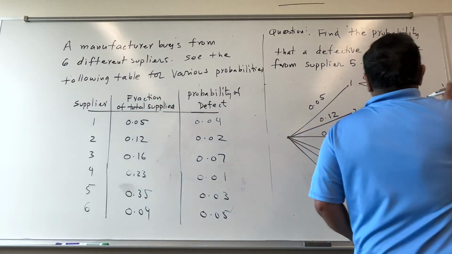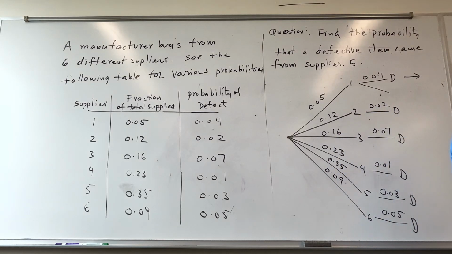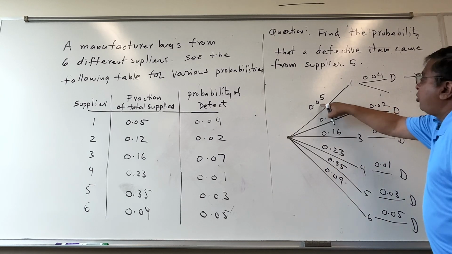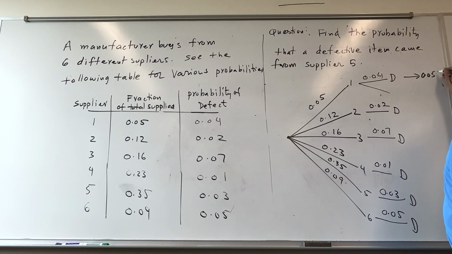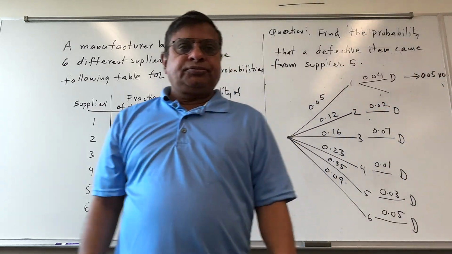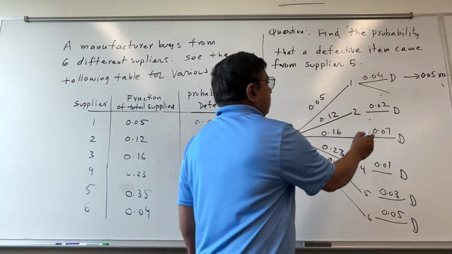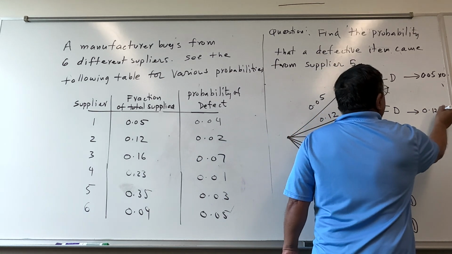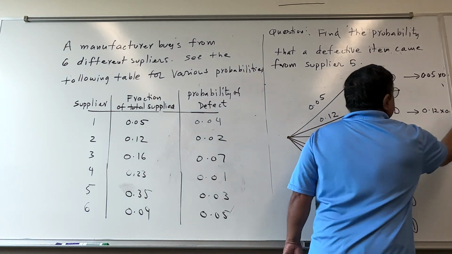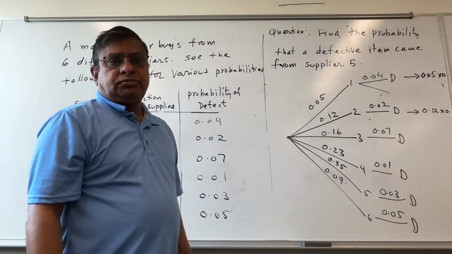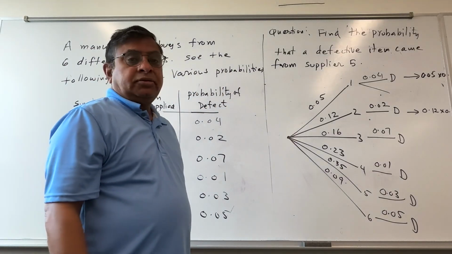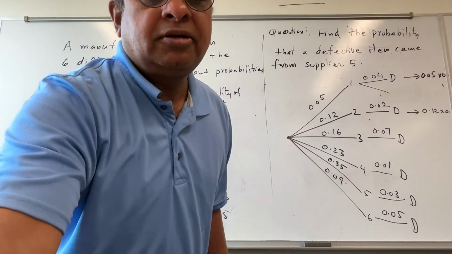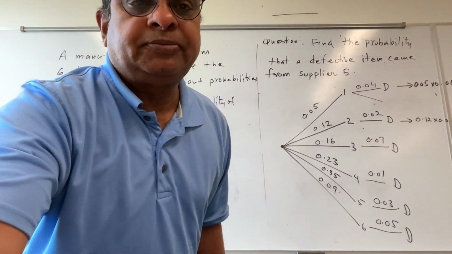So here the probability is 0.05 times 0.04. And here the probability is 0.12 times 0.02. Okay, can you see that? Let me move this a little bit.